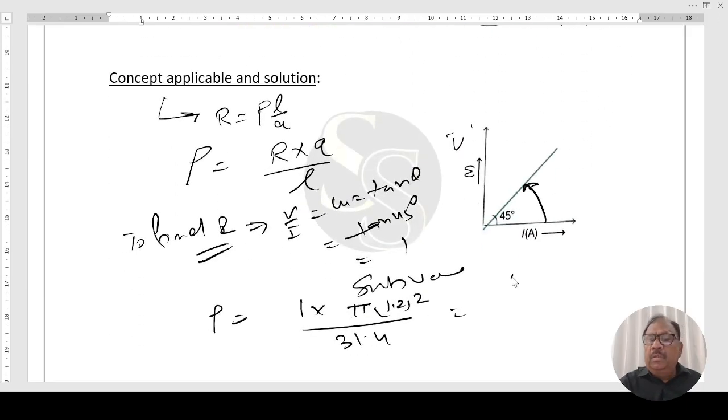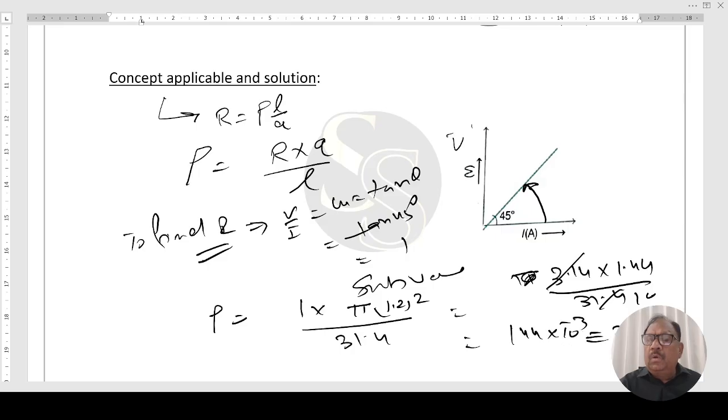The value of pi is 3.14, so 3.14 into 1.44 divided by 31.4. This comes out to be 144 into 10 to the power minus 3. This is equal to x into 10 to the power minus 3. So x comes out to be 144. That is the answer, right?